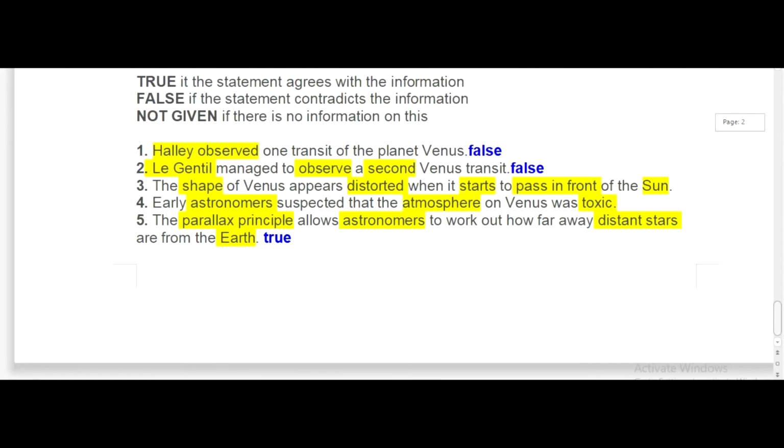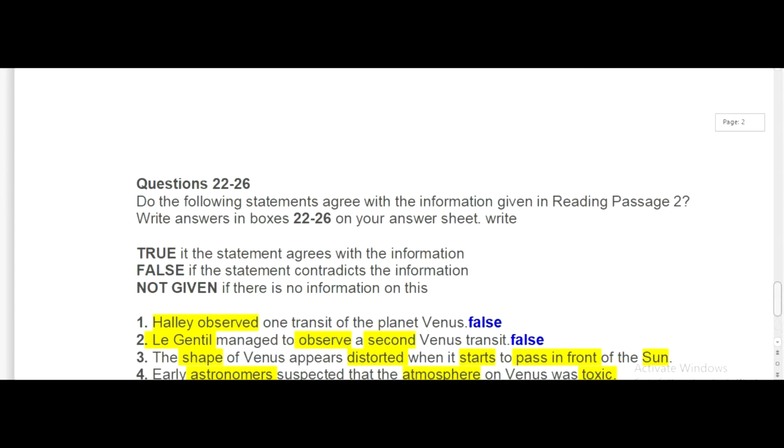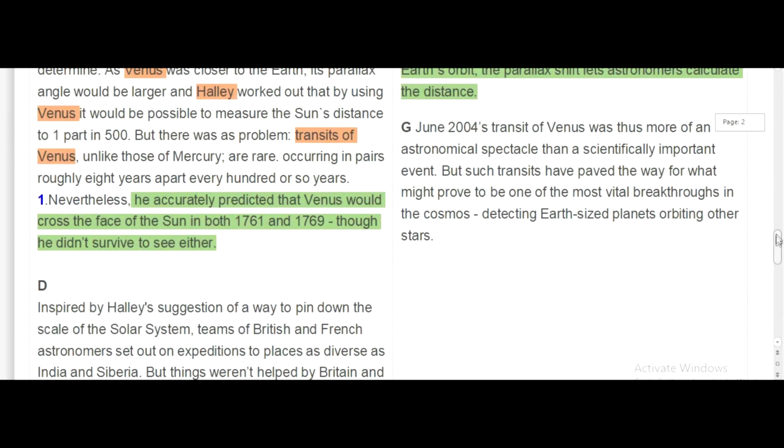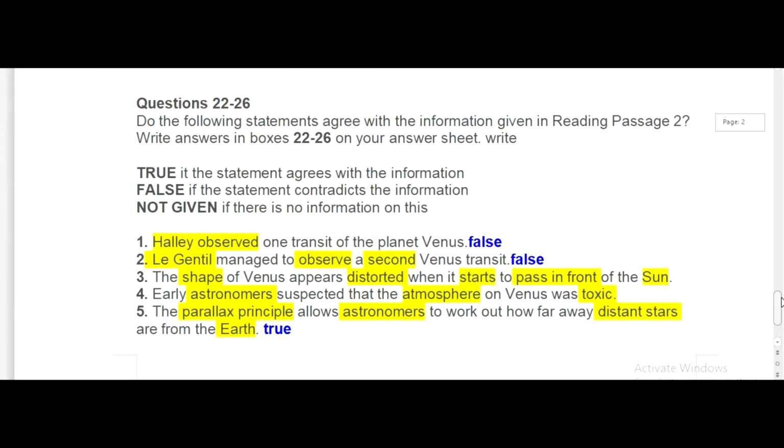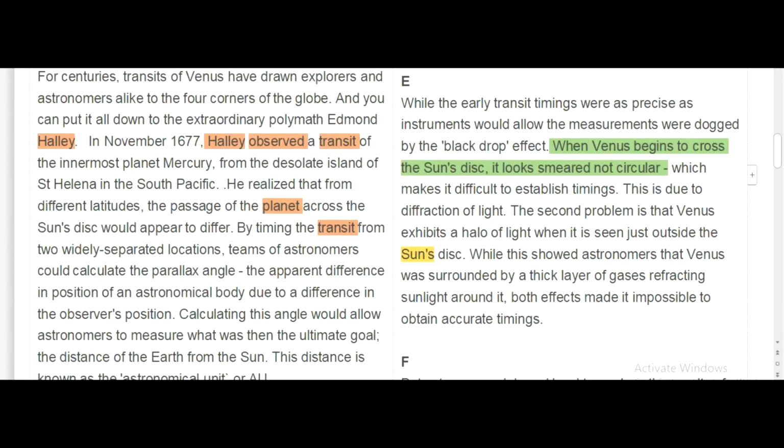It says that the shape of the Venus appears distorted when it starts to pass in front of sun. Here the matching sentence says that when Venus begins to cross the sun's disk, it looks smeared, not circular. So the information matches.